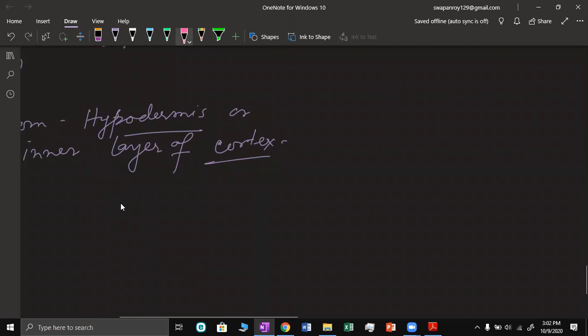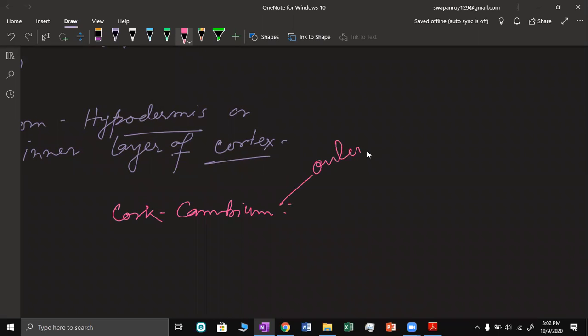So here is the cork cambium. Its outer side produces cork and its inner side produces secondary cortex.